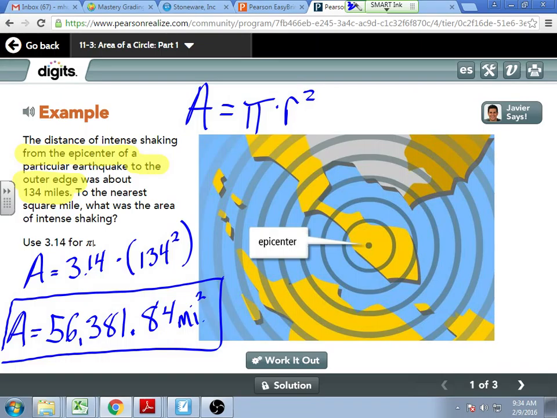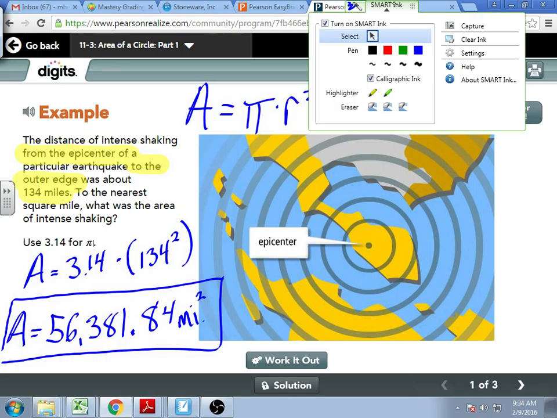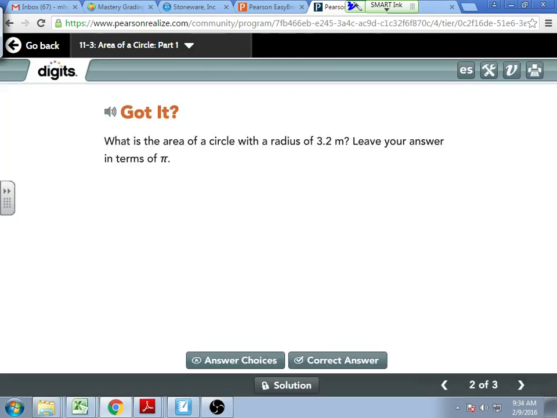Questions on how to do this? Try the got it on your own. Leave your answer in terms of pi. So you're not using anything for pi, it stays pi.